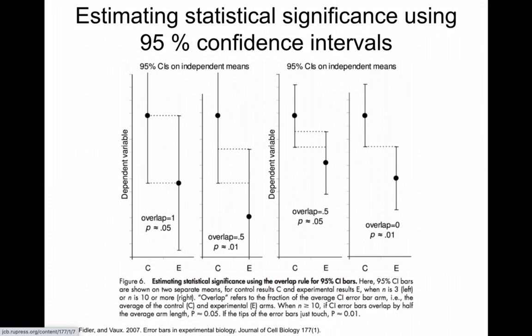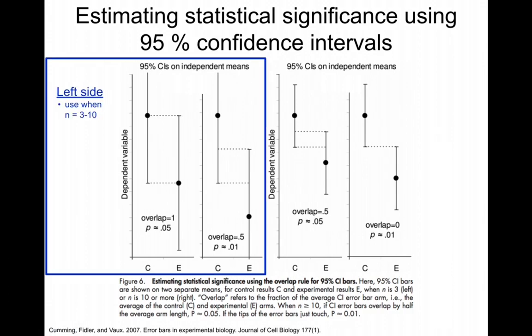This figure is showing you a comparison of error bars, and the left side of the figure is for you to use when the number of fast plants in your data set for your control and your experimental treatment are between 3 and 10.